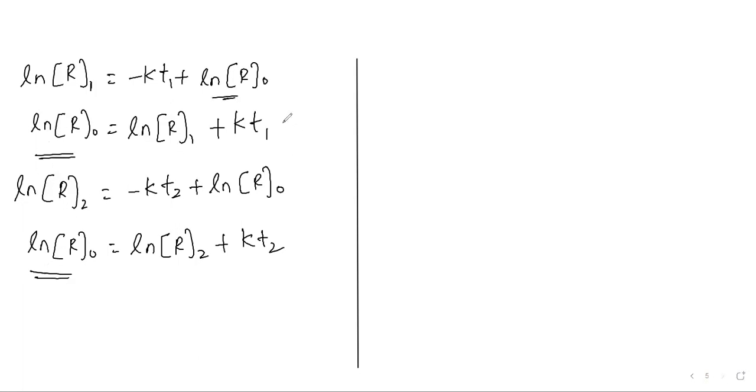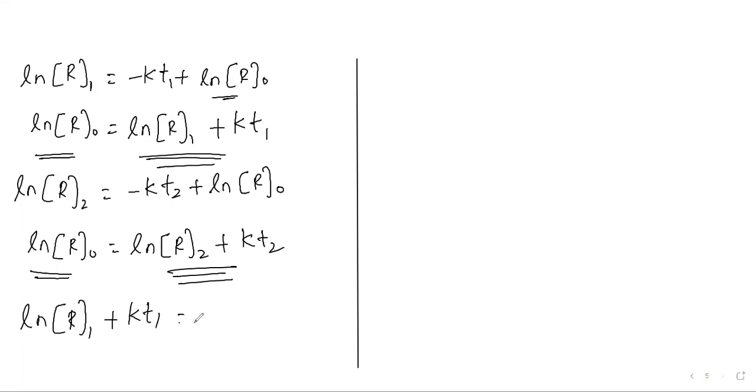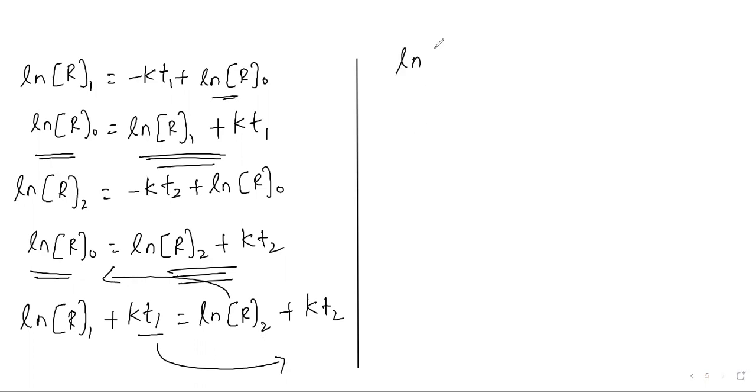Both are equal, right? It means that this part and this part are equal. So ln of R1 plus KT1 equals ln of R2 plus KT2. You take this value to this side, this value to this side. Then ln of R1 minus ln of R2 equals KT2 minus KT1.